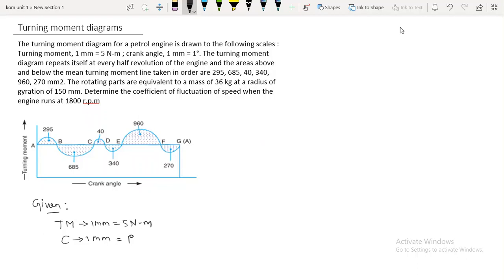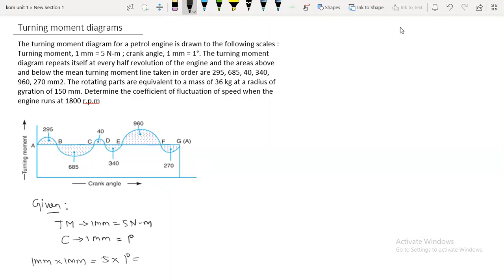So to convert that mm square into the actual units of energy, we need to use this data here. For that purpose, I will multiply 1 mm into 1 mm. This 1 mm represents the turning moment, which is 5 Newton meter, into 1 mm, which represents the scale given for the crank angle, equal to 1 degree.